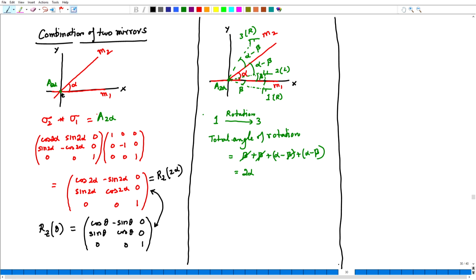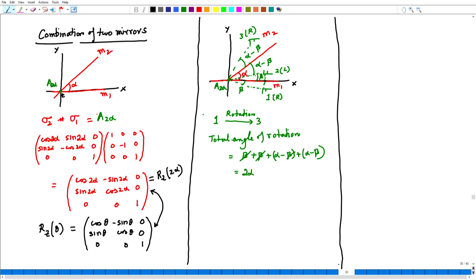Or will there be some restrictions? Because remember, we are talking about rotation, and therefore, if there has to be a rotational symmetry which is crystallographic, then we need to put some restrictions on alpha, and let us find out what those restrictions are.